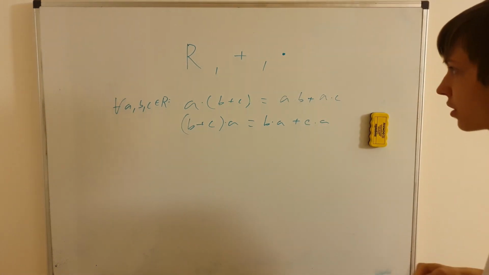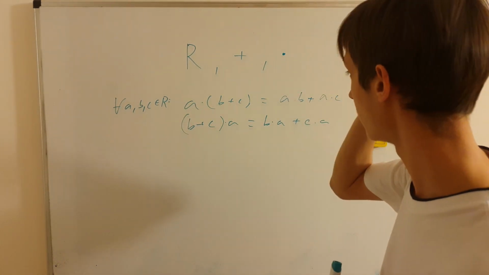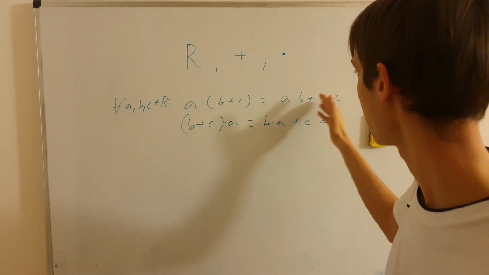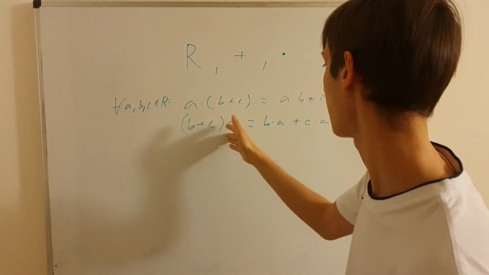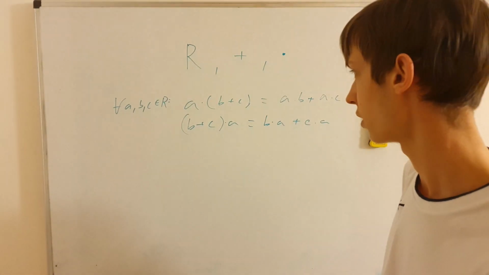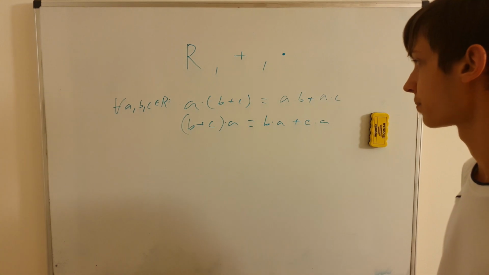So the multiplication operation is distributive over the addition operation. A times B plus C is A times B plus A times C. B plus C times A is B times A plus C times A. So this is the distributive property.